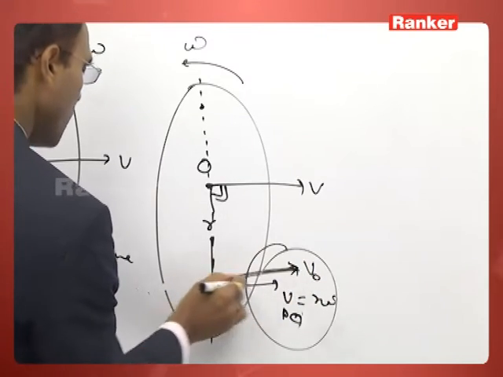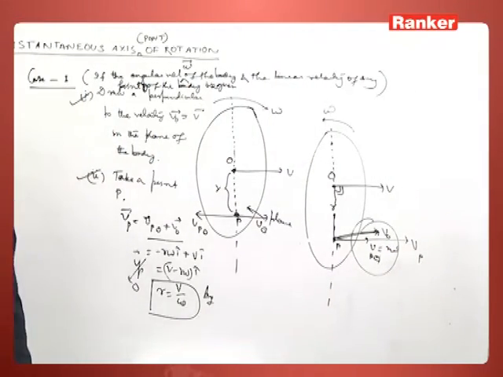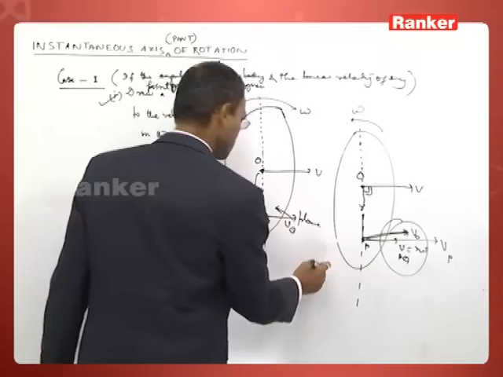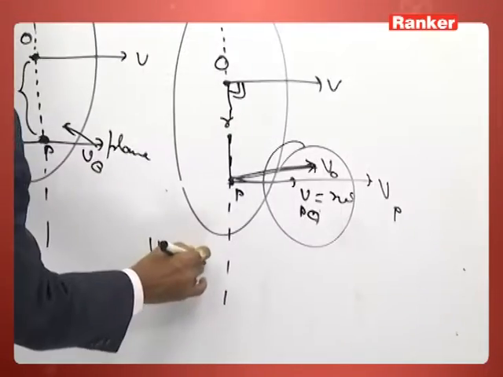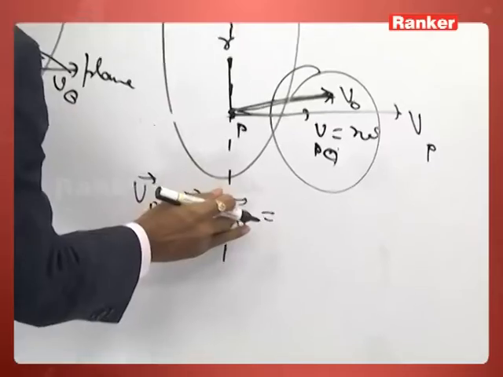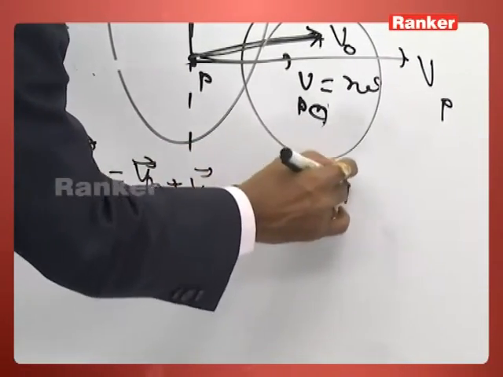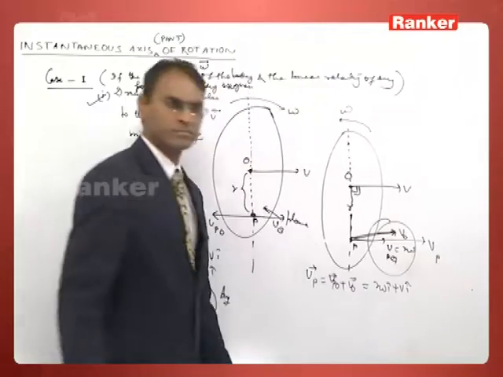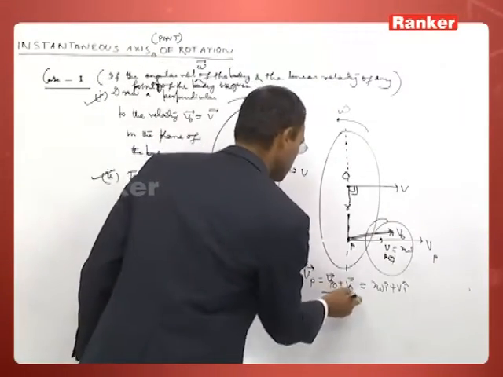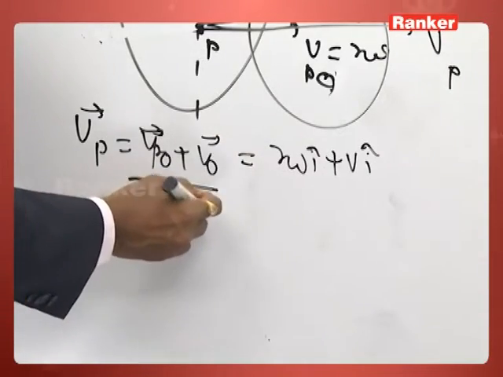If you add these two, you are getting the velocity of the point P. Vp is equal to Vpo plus Vo. Vpo is r omega i cap, Vo is V i cap. According to the assumption, you follow the Galilean transformation of velocity and get r omega plus V.